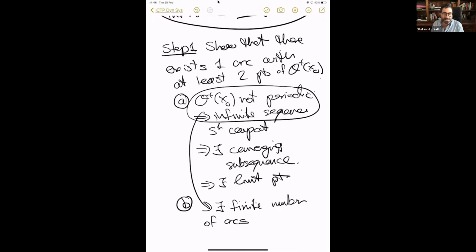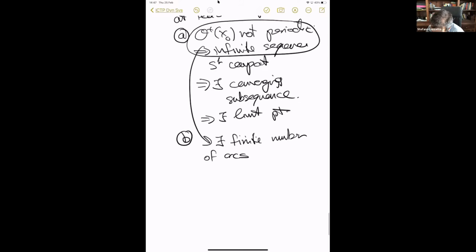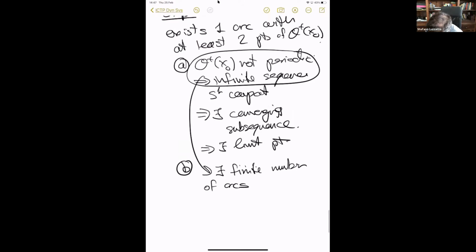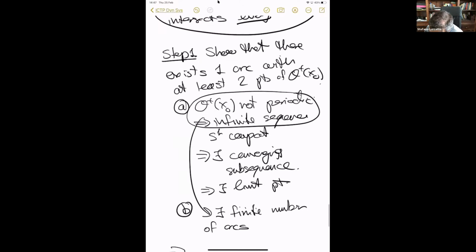If you have n boxes and n plus 1 elements, and you put them all in the boxes, some box must have at least 2 elements. In this case, we have an infinite number of points and only a finite number of arcs. Even if epsilon is very small, you have 2 million arcs, but it's still a finite number. So there must be one arc that contains at least 2 points. The conclusion of both of these is that there exist at least 2 points.